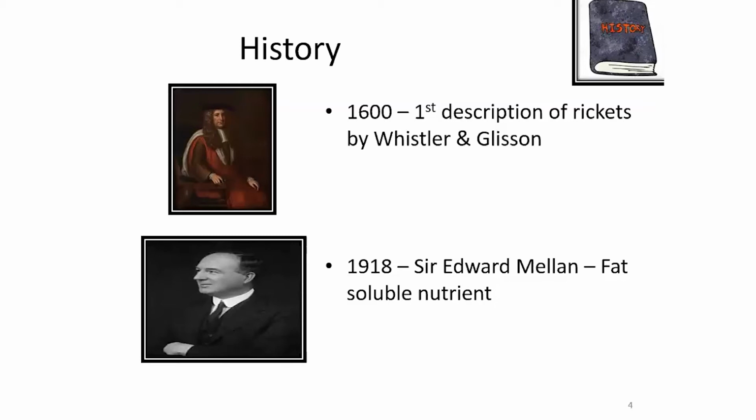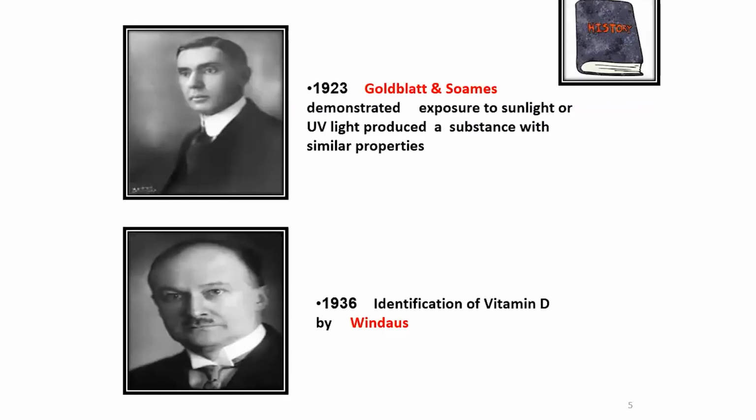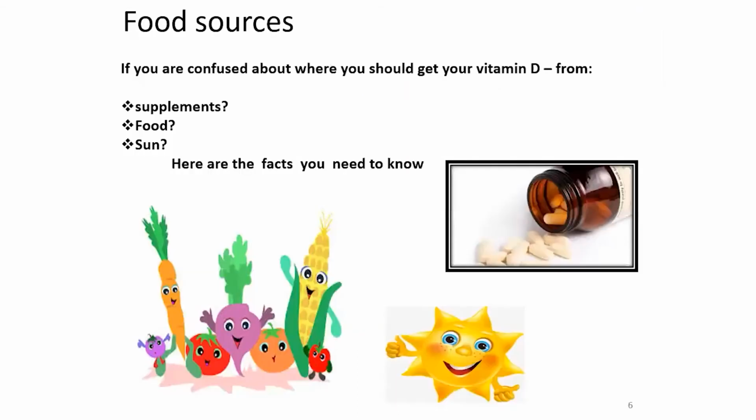Later in 1918, Sir Edward Mellanby found that there is a fat-soluble vitamin which can be called vitamin D. In 1923, Goldblatt and Soames demonstrated that exposure to sunlight or UV light produced a substance with similar properties to what earlier people had described. And in 1936, identification of vitamin D was done by Meadows.